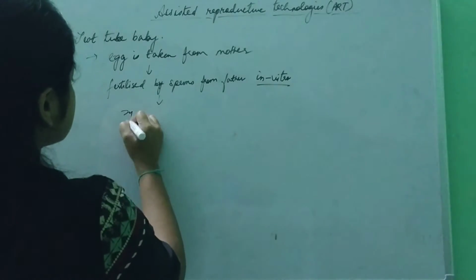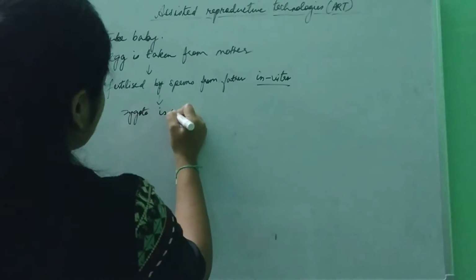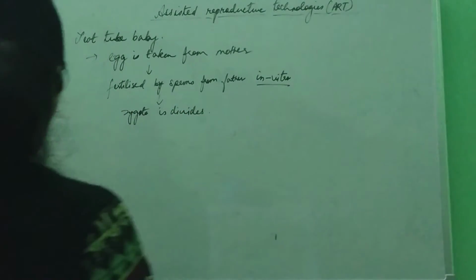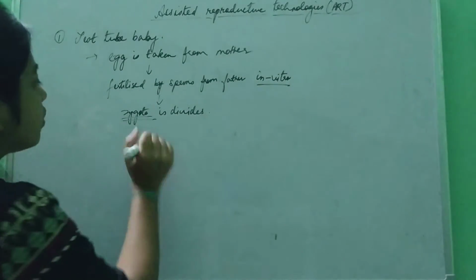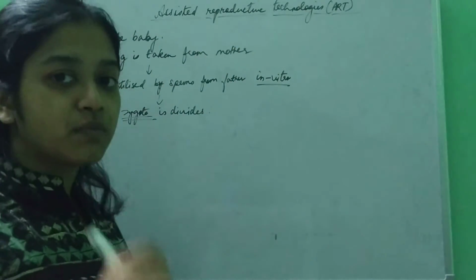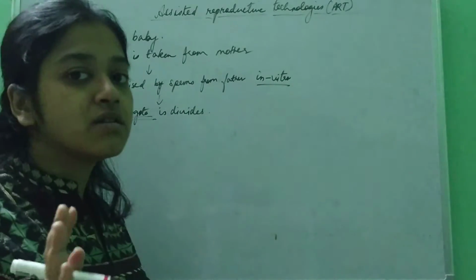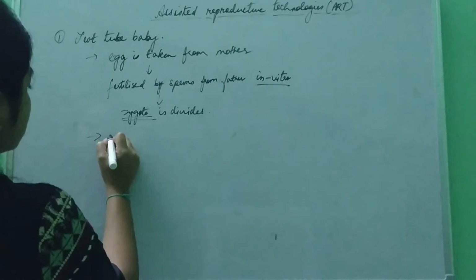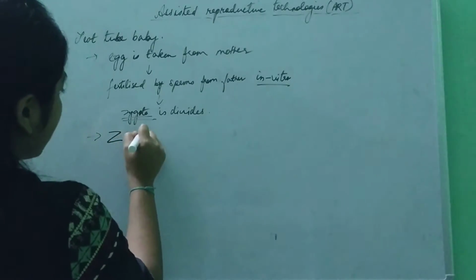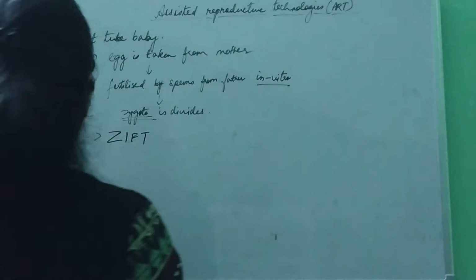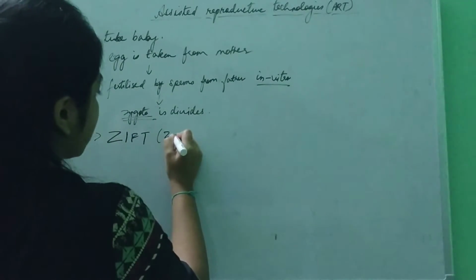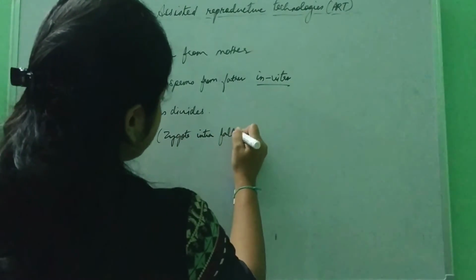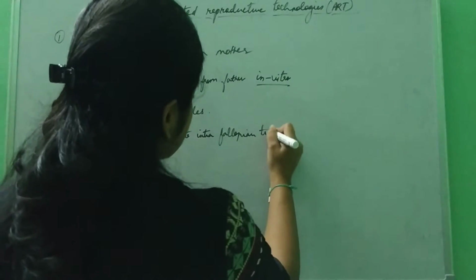Then the zygote is formed, and that zygote is allowed to divide. Now this zygote needs to be transferred again to the mother's uterus or the mother's fallopian tube. The transfer of zygote is done in two ways. One is ZIFT, zygote intrafallopian transfer.